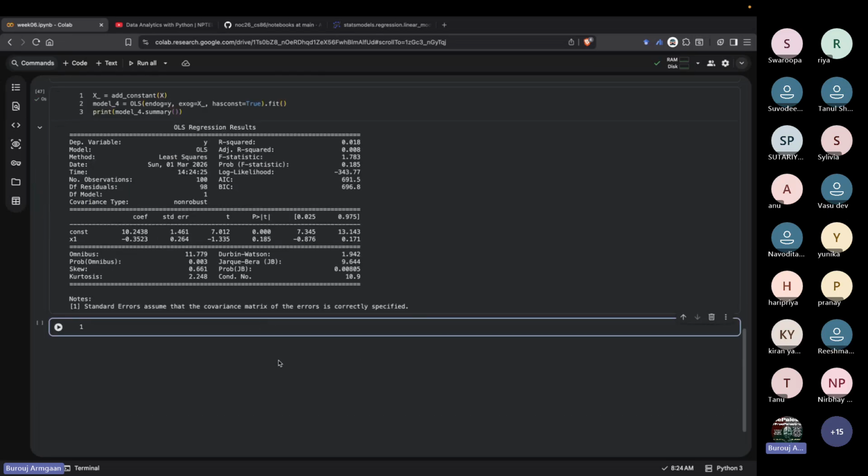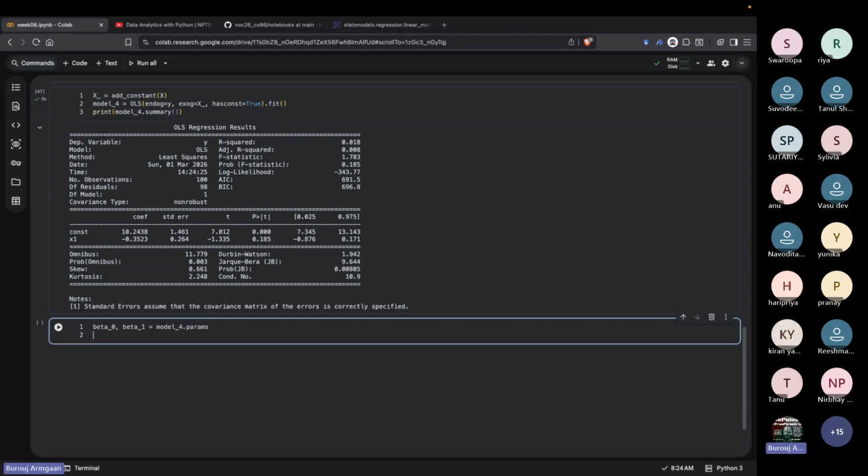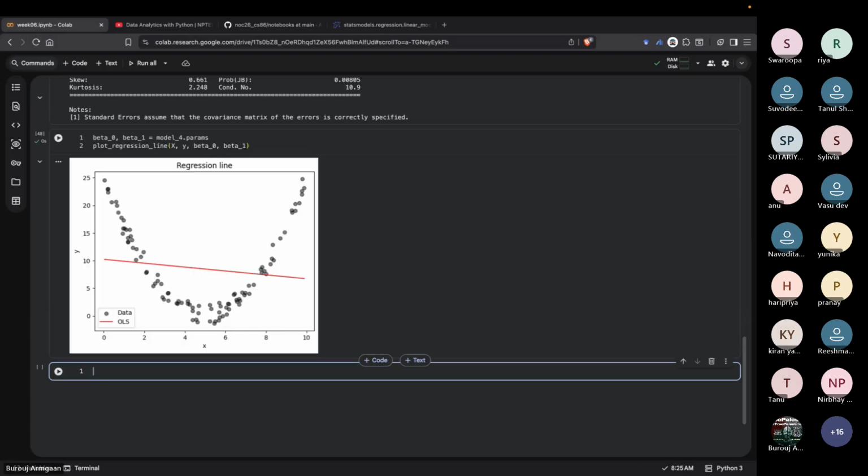If we were to plot this, we can say beta 0, beta 1 are my model 4 parameters, and we can plot the regression line. We have x, we have y, beta 0, beta 1. You see something like this.